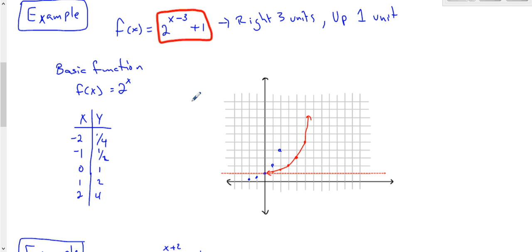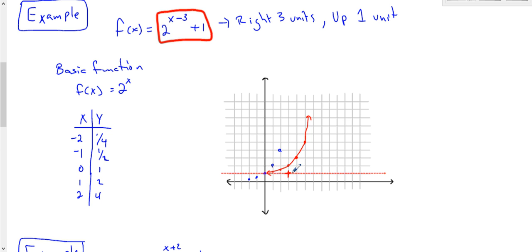Okay? So one way to look at this also is to think about your 1 there, your horizontal asymptote, and the fact that we're moving to the right 3 units. So we can visually or mentally move our standard origin of the 2 to the x over 3 units, 1, 2, 3, and up 1, and base everything off of this.